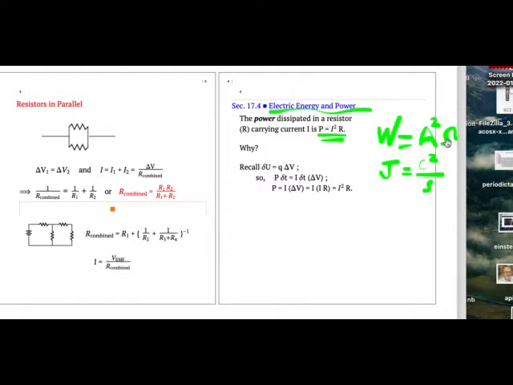And now times ohm. Now, ohm, remember, resistance is voltage divided by current.